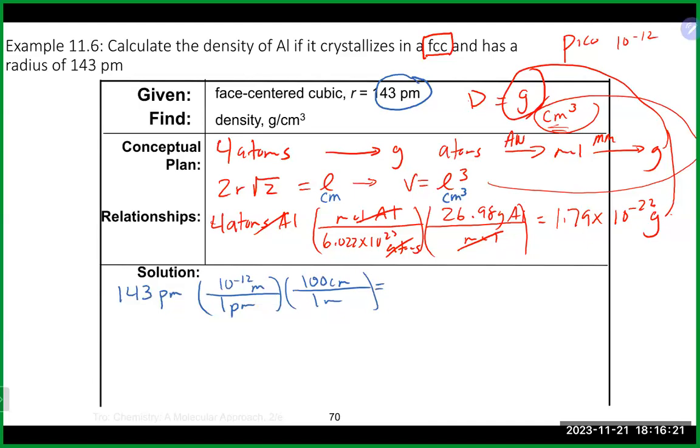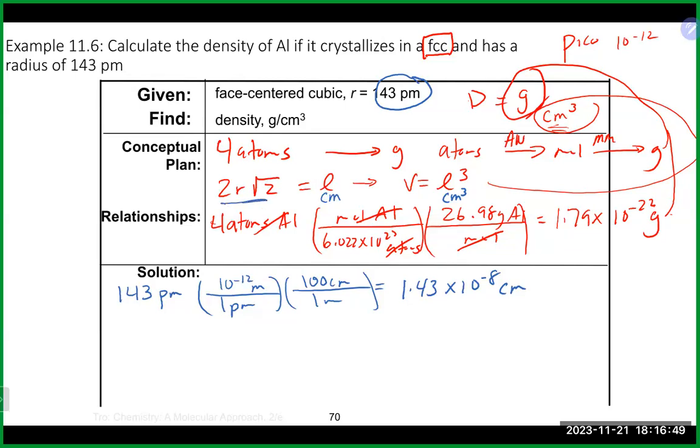If I do that, that's 143 times 10 to the minus 12 times 100. Going to give us about 1.43 times 10 to the minus 8 centimeters. So really, I didn't do much in terms of working towards the volume here other than just getting it into the right units. So at the end, everything's fine.